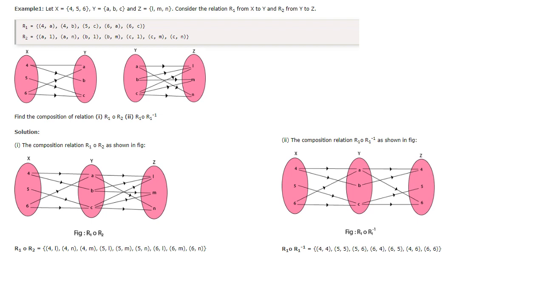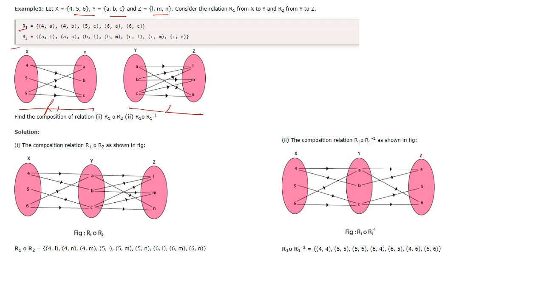Now we can also understand the composition in terms of an arrow diagram, right? Let us say R1 and R2 are the two relations that are defined on X, Y and Z. Now this arrow diagram is showing me the relation R1, and this is showing me the relation R2.